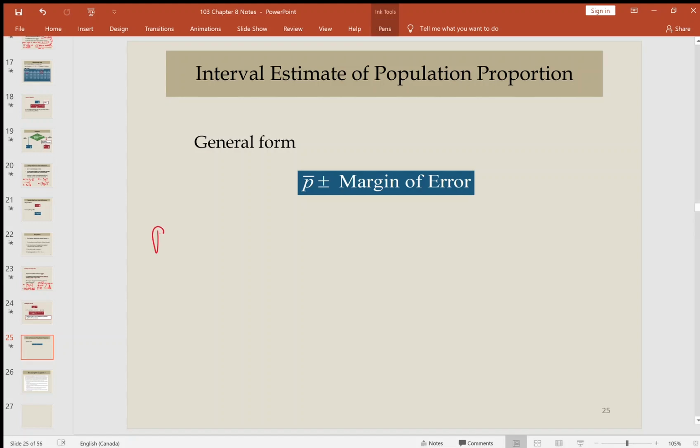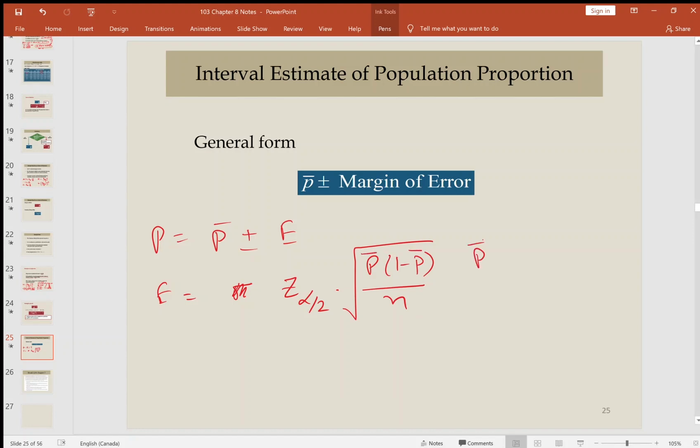So we can say p is equal to p bar plus or minus the margin of error E, where E, the margin of error, is equal to z alpha by 2 times the square root of p bar times 1 minus p bar, divided by n.